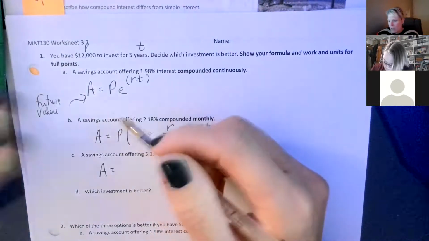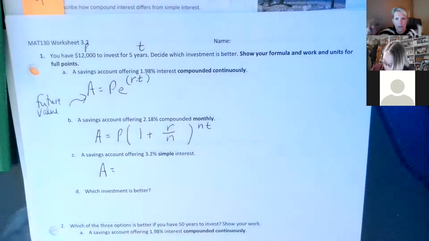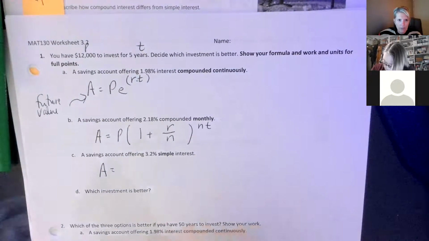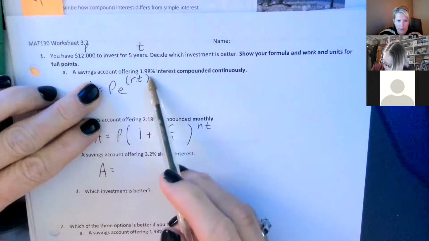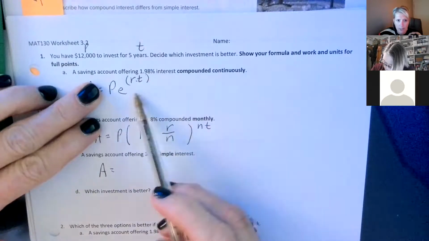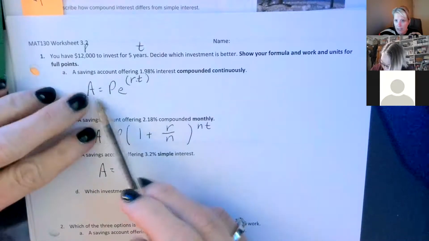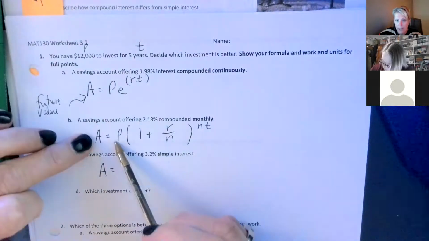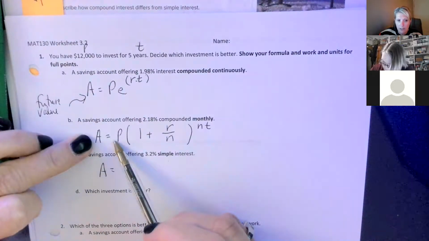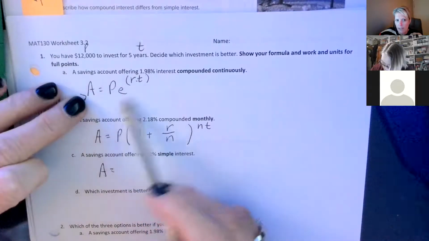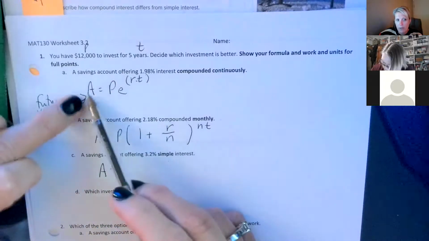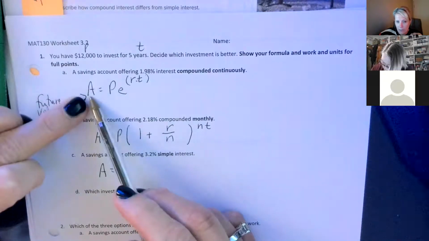No, because A is just what our value is going to be at the end of 5 years, and A is going to be different because I'm going to use this formula with this information for compounding continuously. So what this A turns out to be is going to be different than what this A turns out to be. It's like a recipe. I'm using the right-hand side as my recipe for future value using compounding continuously.